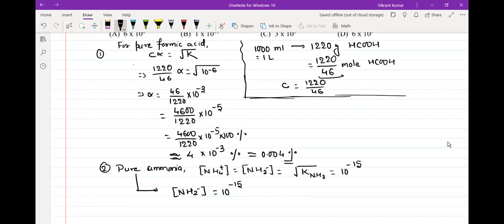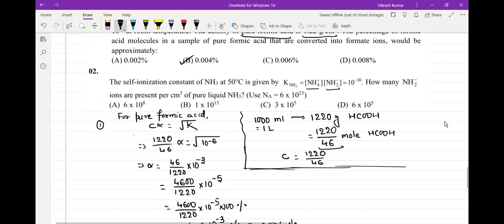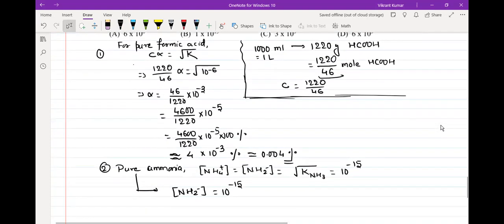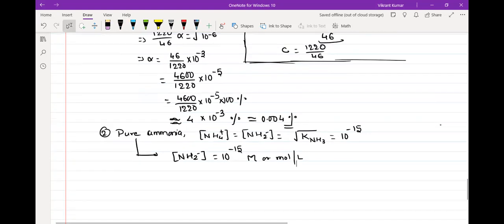But it is not asking you molarity, it is asking you how many these ions, number of ions it is asking, not moles of ions, and that too not in 1 liter, it is asking in 1 ml. So we are saying the meaning of this thing is molarity, or we say this is mole per liter. So that means we are saying that 1000 ml is having 10 raised to minus 15 moles NH2 minus ions.